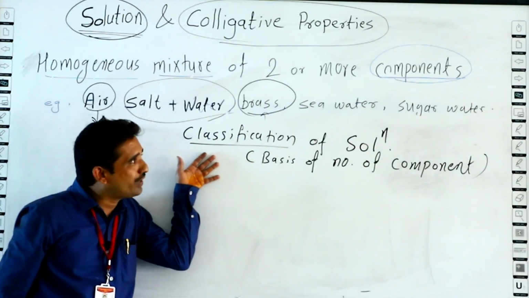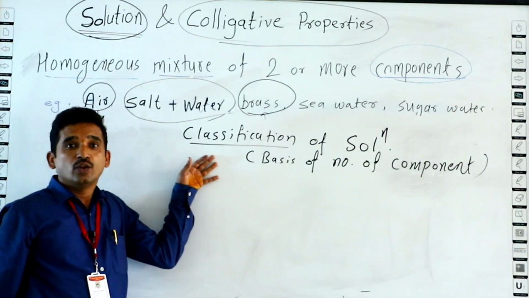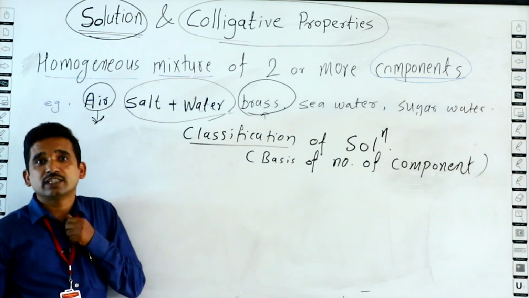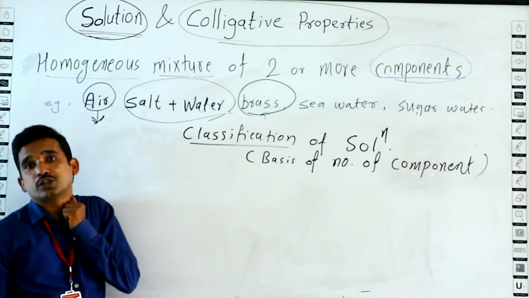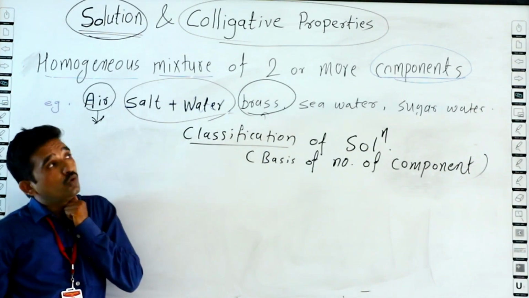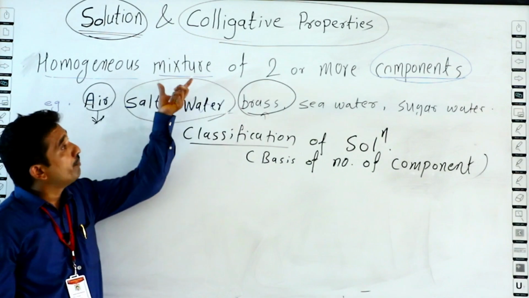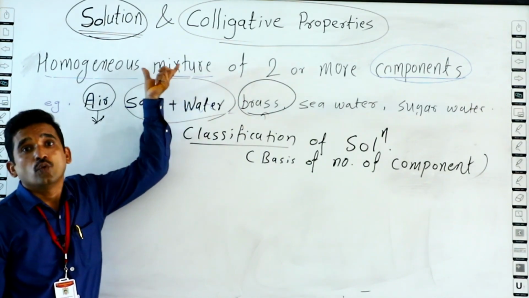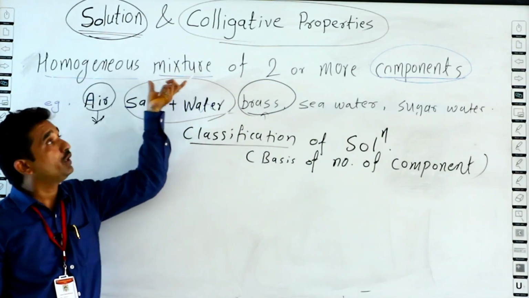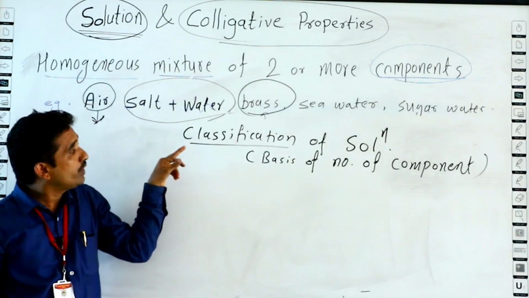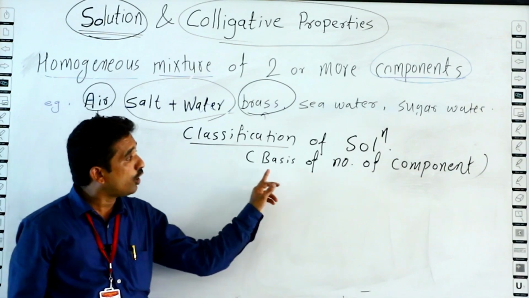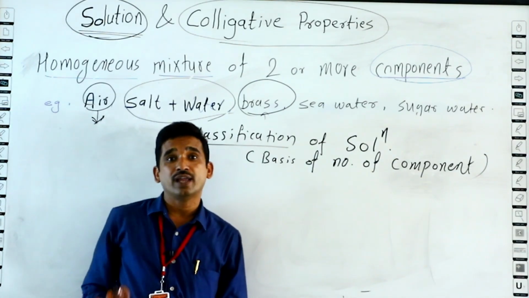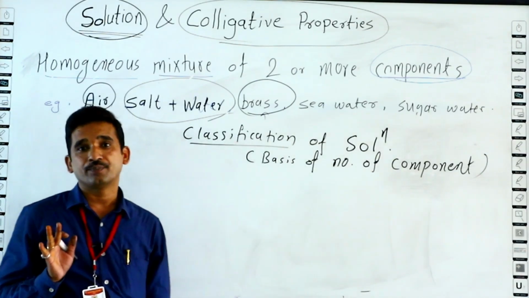Here the classification of solution we will discuss in today's lecture. How many types we have to classify the solution. First we discuss the mixture. Which type of mixture we discussed about. Then we are seeing classification of solution on the basis of number of component.